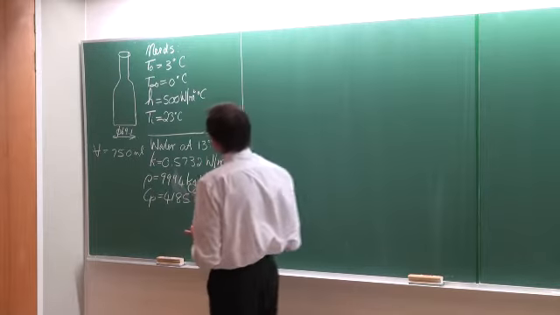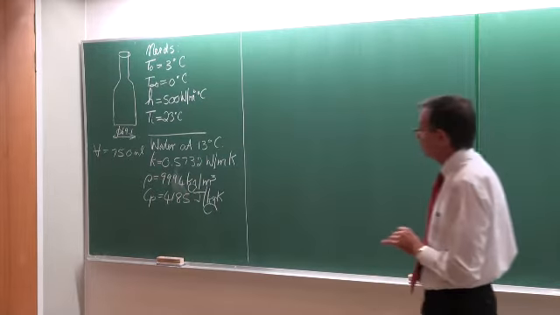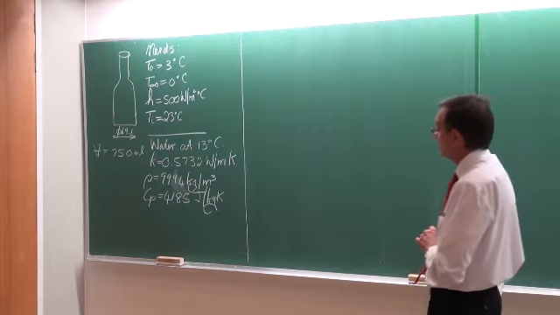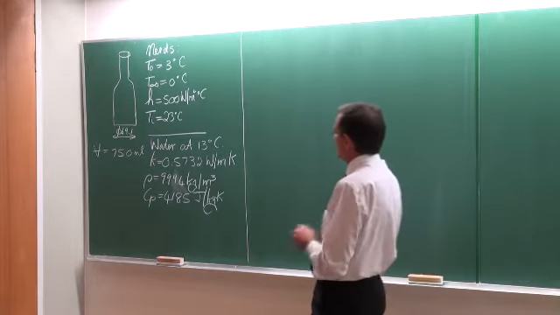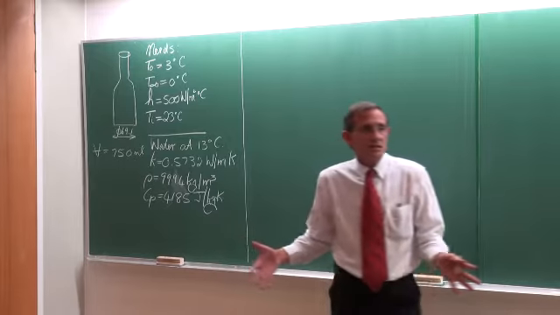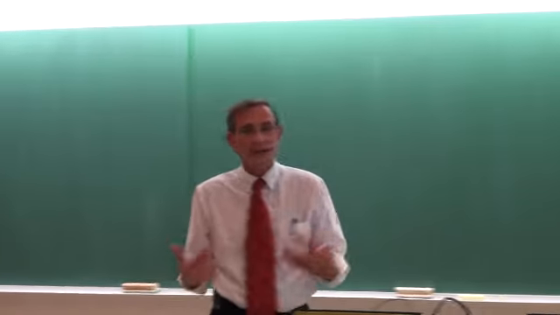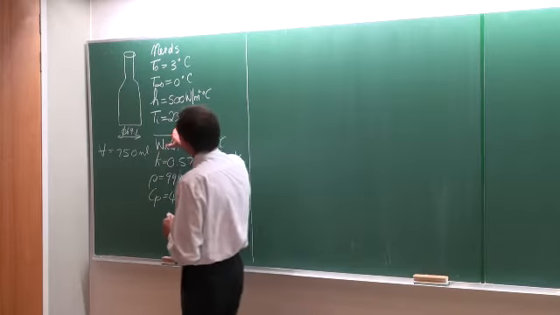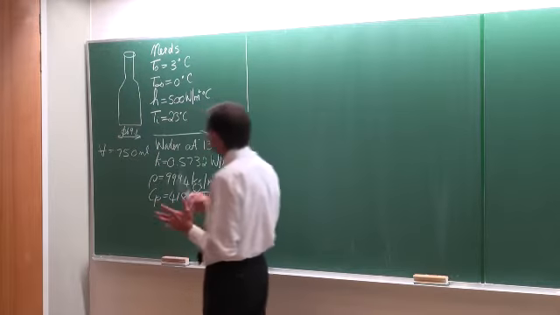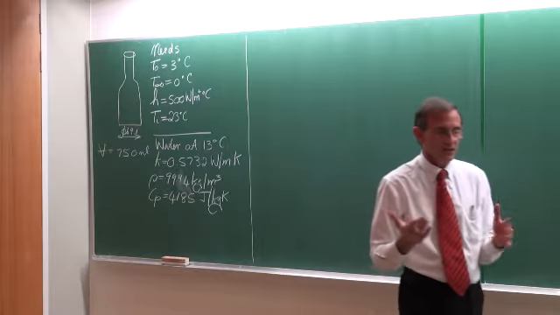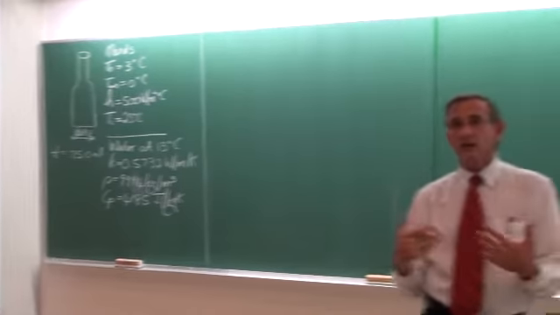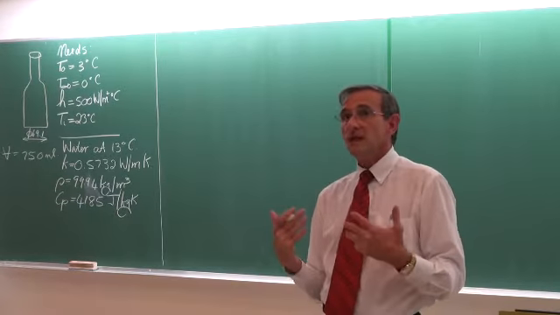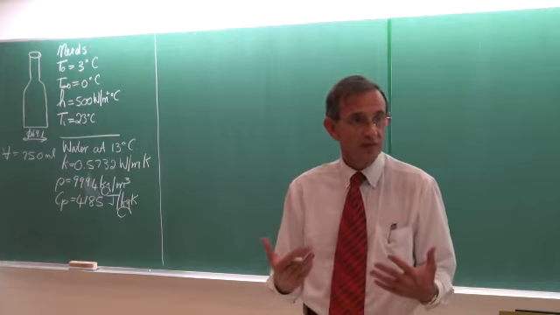The ice is at a temperature of 0 and the heat transfer coefficient is 500 watts per square meter degree Celsius. And the essence is to determine how long will it take for the wine to cool from 23 degrees Celsius to 3 degrees.